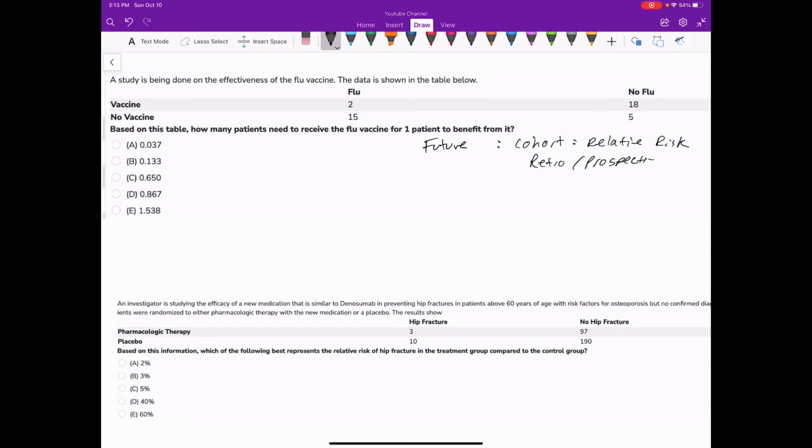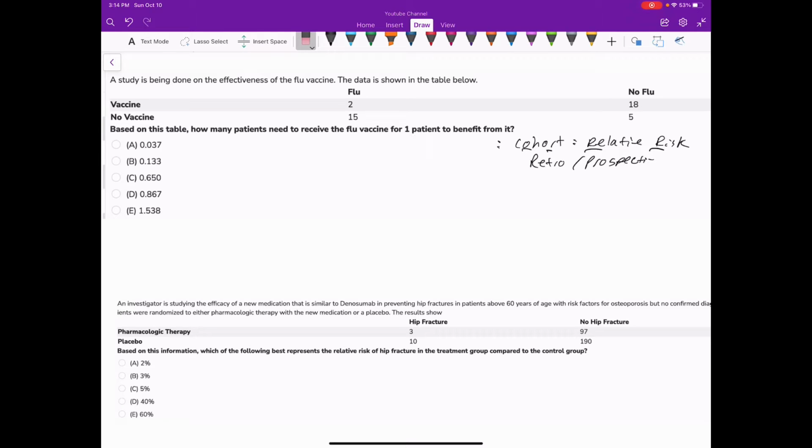Odds ratio is a case control study. It's different. Cohort study is what? Relative risk, right? Similar. RR. Odds ratio is OA. Okay? I don't know, just something to keep in mind. I don't even know if it's going to help in this question, but just something important.